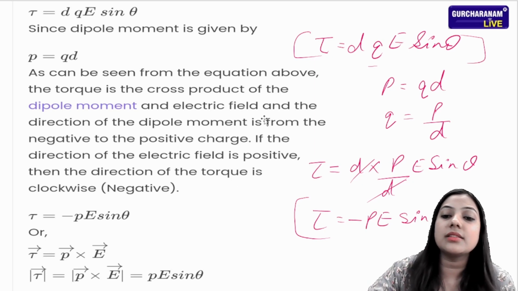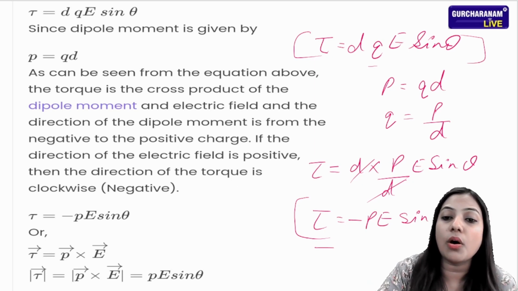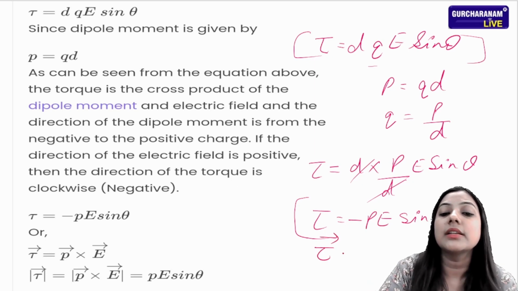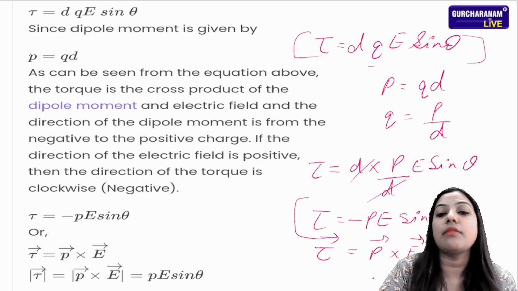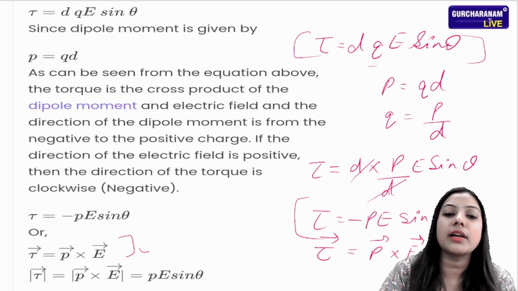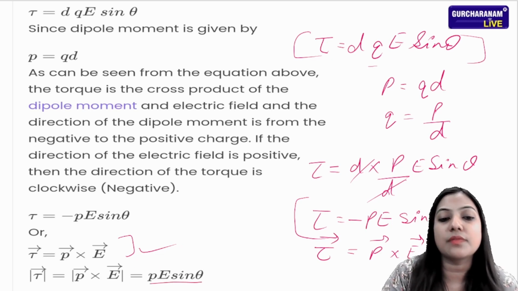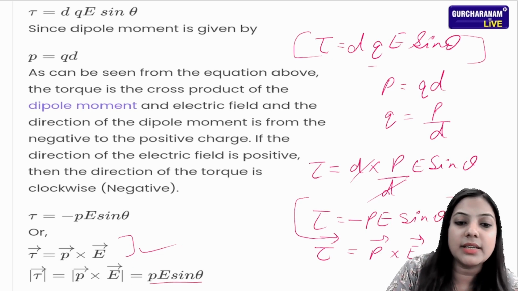Or we can say the value of torque in vector form is torque vector equals P vector multiplied by E vector. Now we can also write this in the form PE sin theta.